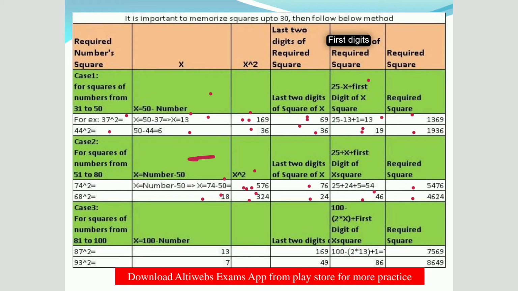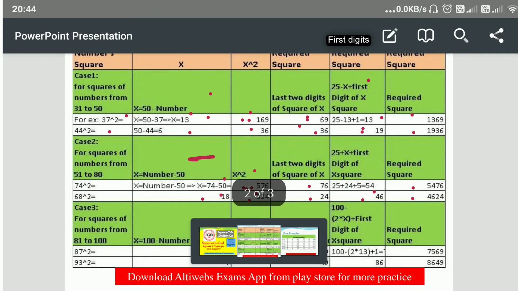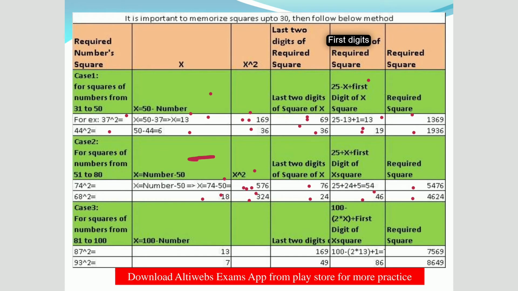Then how will you find the first two digits? It is very simple. It will be 25 minus x plus the first digit of x square for numbers between 30 to 50. It will be 25 plus x plus the first digit of x square for numbers between 50 to 80.